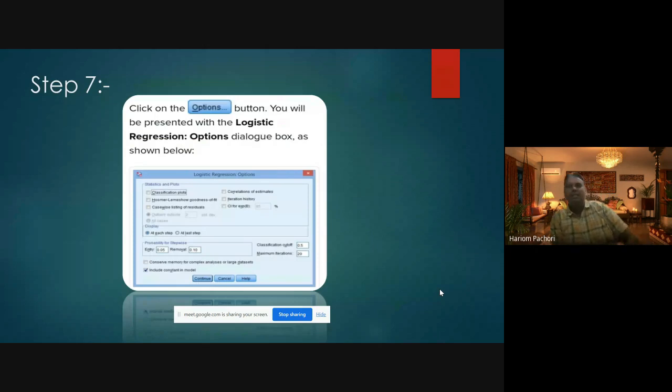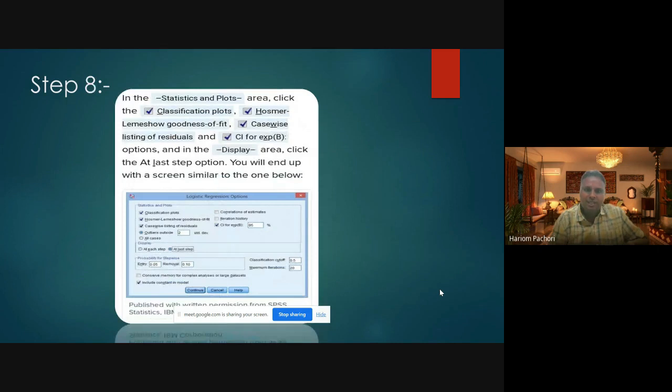You will be presented with the logistic regression options dialog box as shown below. Like we have discussed earlier, we need to click classification plots, Hosmer-Lemeshow goodness of fit, and confidence interval for the exponentiated betas. Here, see statistics and plots area.